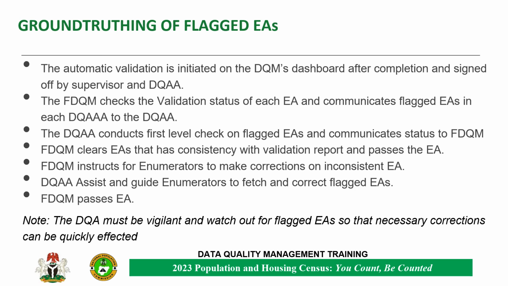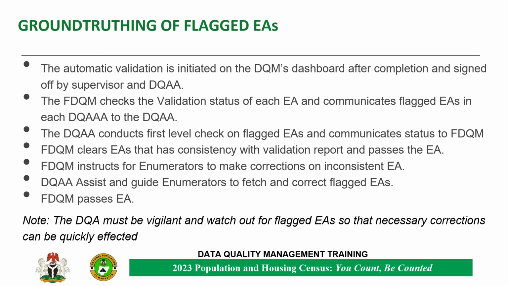FDQM instructs enumerators to make corrections on inconsistent EAs. Where the DQAA conducts the check and there are inconsistencies, his checks have more acceptable parameters than the enumerators'.